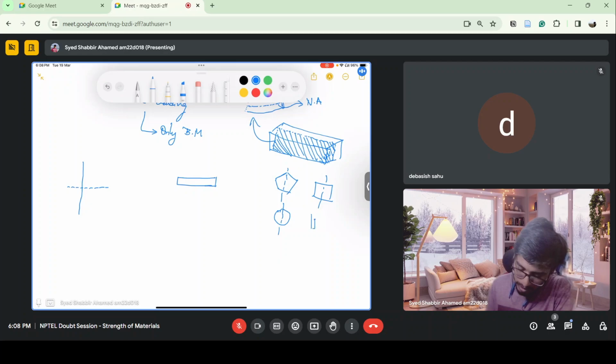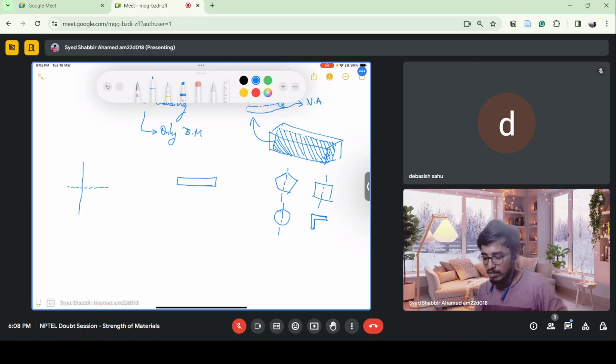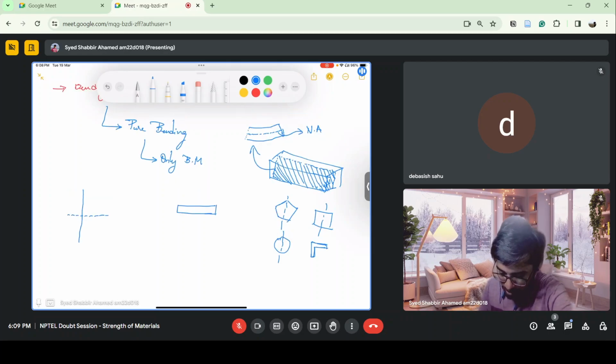If you have a cross section something like this, we are not dealing with it here, because whenever a load is applied on this, there is also twisting which happens. That we will see in further lectures, which is called unsymmetric bending. So we are not dealing with this here. Only sections which have a plane of symmetry.